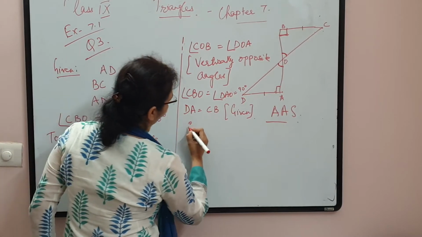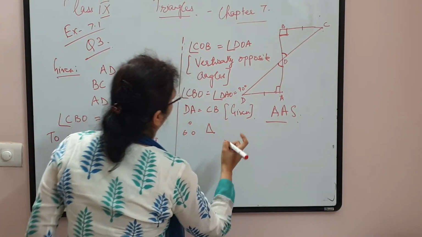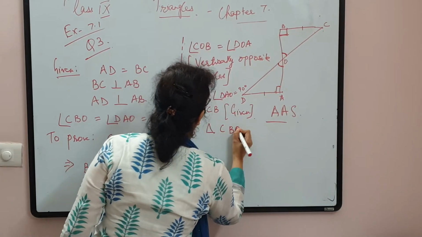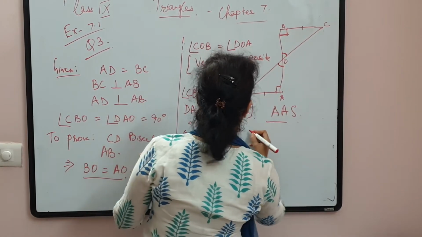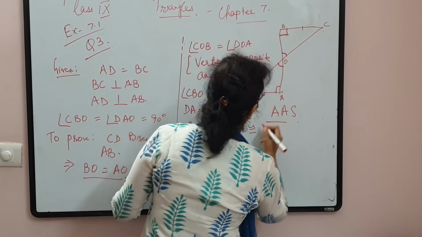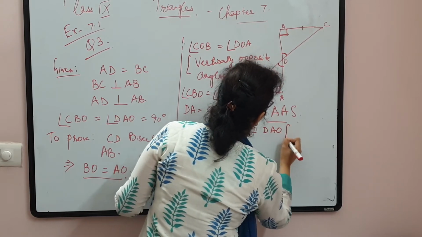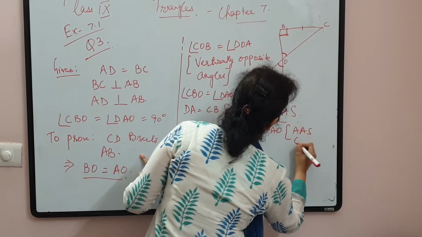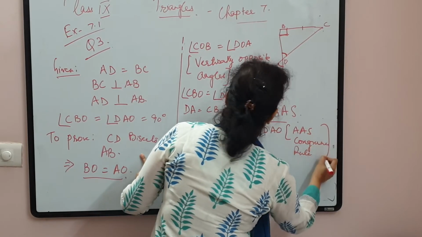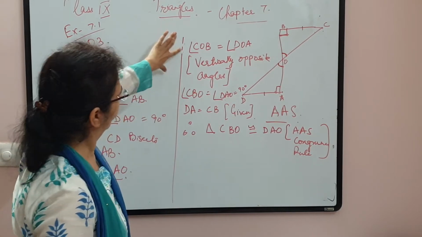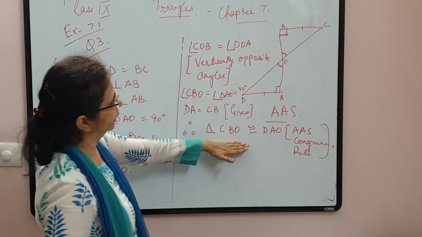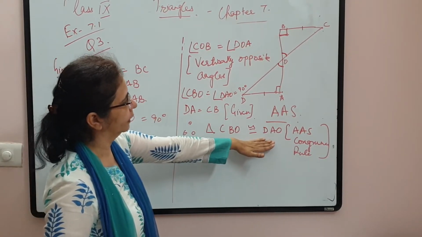So, therefore, these two triangles that we are talking about, triangle CBO is congruent to triangle DAO by the AAS congruence rule.